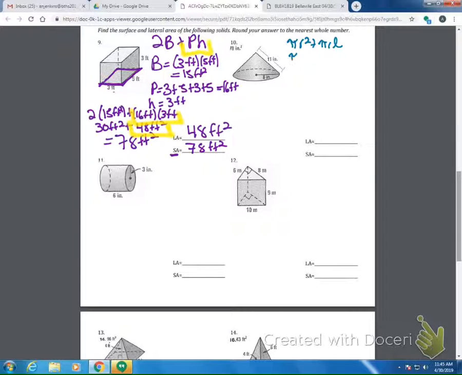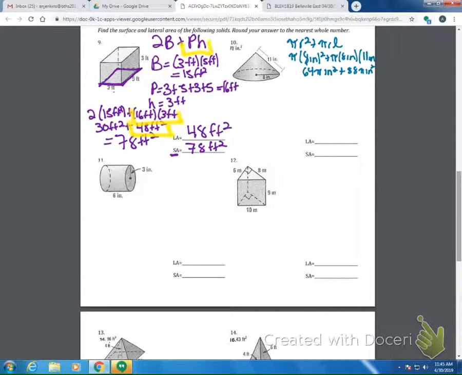So what is your radius? 8 inches. 8 inches squared plus pi times 8 inches times my l of 11 inches. So Alex, what's 8 squared? Okay, so you have 64 pi inches squared plus 8 times 11, 88 pi inches squared.